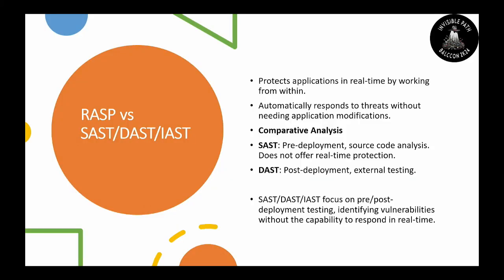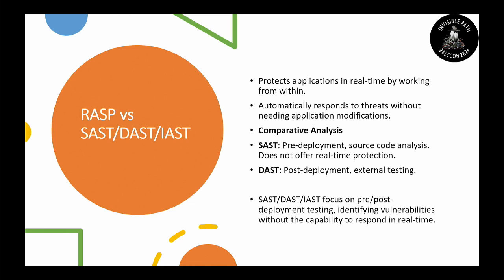Now you're asking yourself what is the difference between RASP and those solutions, SAST, DAST, IAST. RASP actually protects applications in real time while working inside those applications. It's not a third party, it's within the application. It also automatically responds, with no need for manual interaction in most cases, though it really depends.